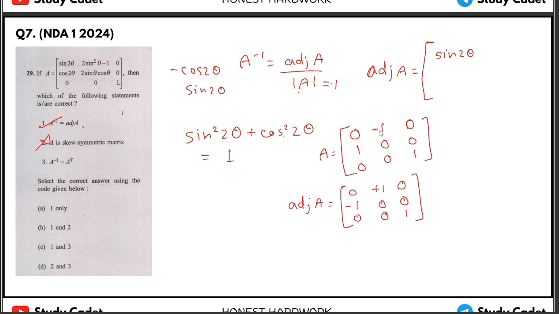So is it the same? Plus 1, here is minus 1. Is it the transpose? Yes, it is the transpose. And this was A inverse, so it is correct. 1 and 3.